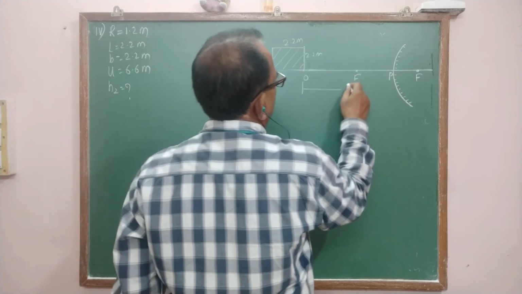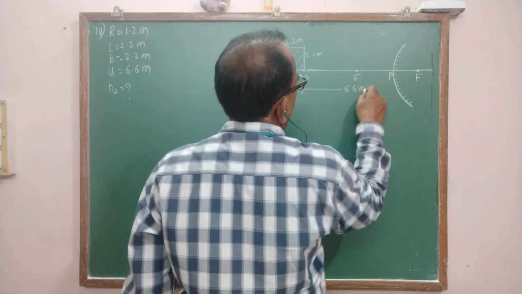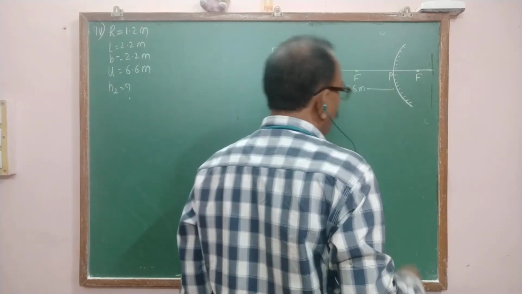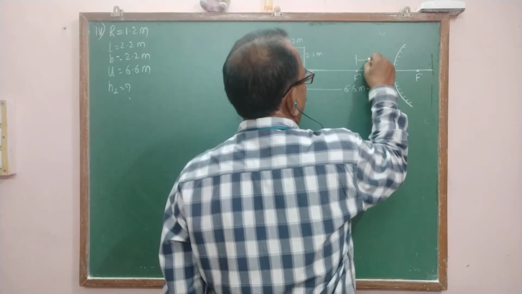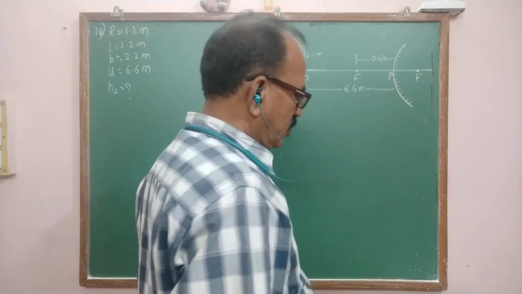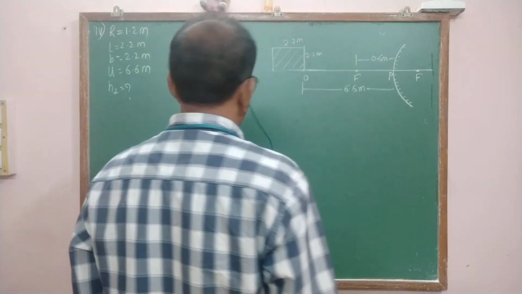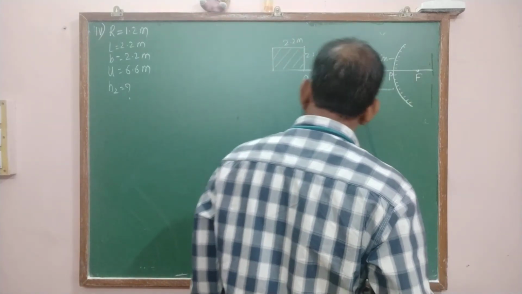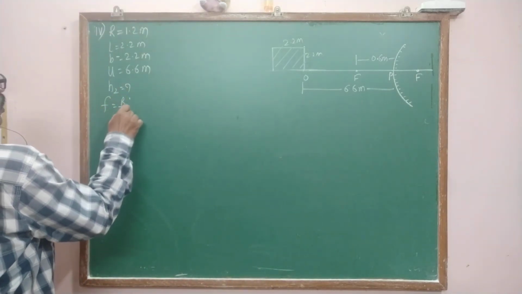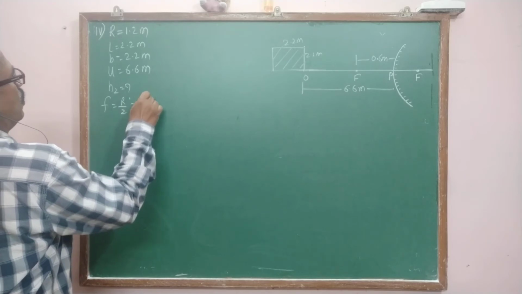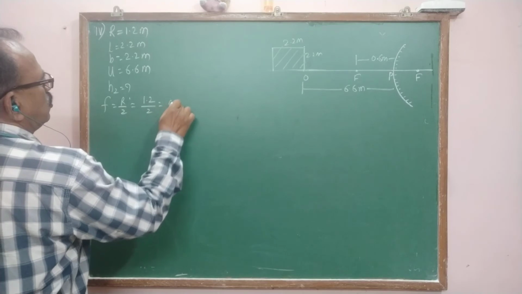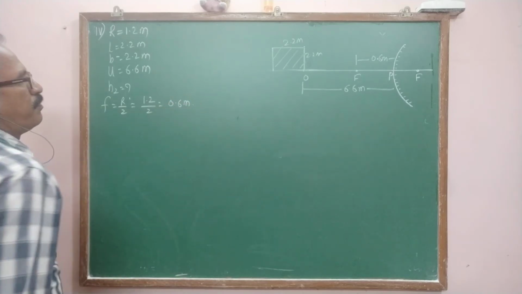And this distance is 6.6 meter from here, then 0.6 meter from here. The focal length is about 0.6 meter. A radius of curvature is r, then f is equal to r by 2, that is equal to 1.2 by 2, that is equal to 0.6 meter.